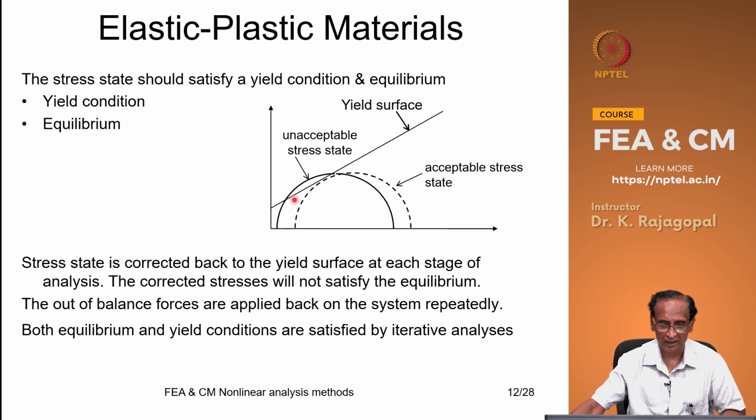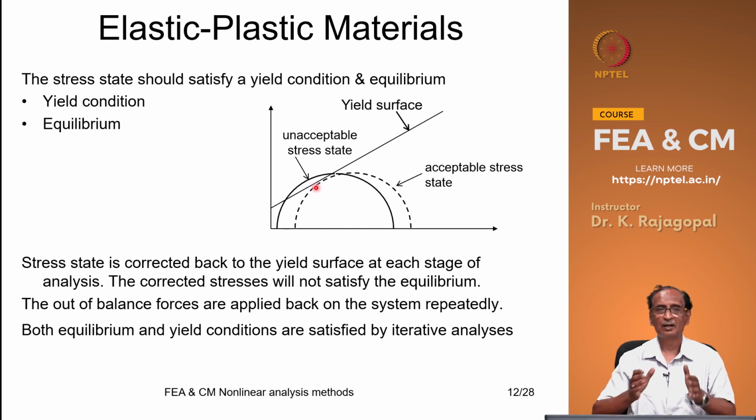And so we need to correct the stresses back to the yield surface, and so when you correct the stresses back to the yield surface, your equilibrium is going to get disturbed.